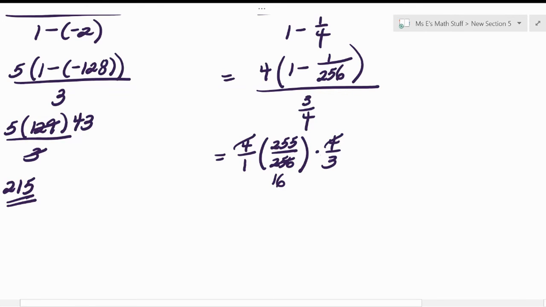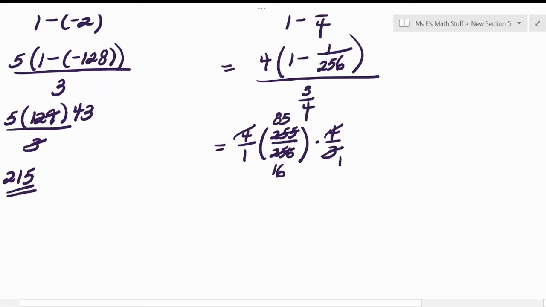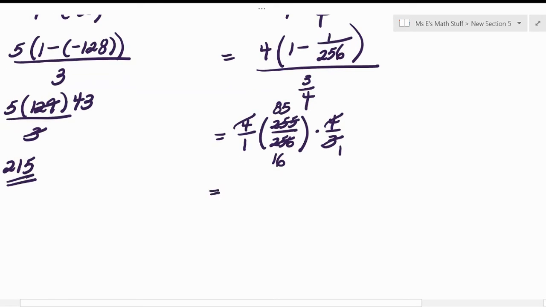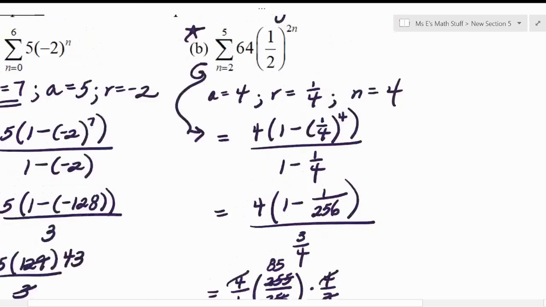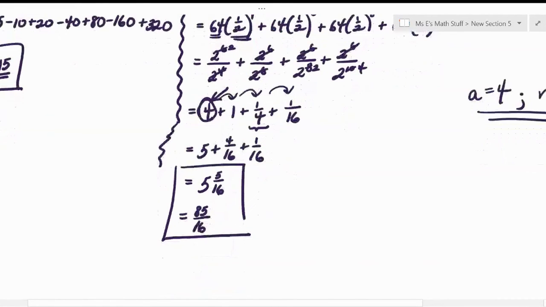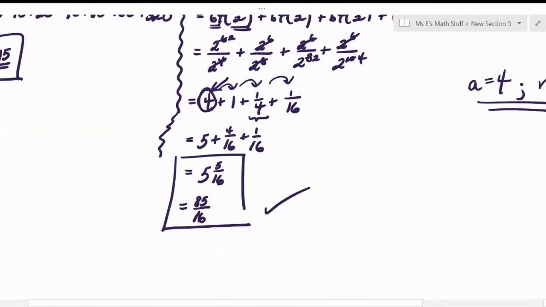So 3 divided by 3 is 1, and 255 divided by 3 is 85. My final answer would be 85 over 16. Let's compare that to what we got when we did it term by term. Boom, 85 over 16.